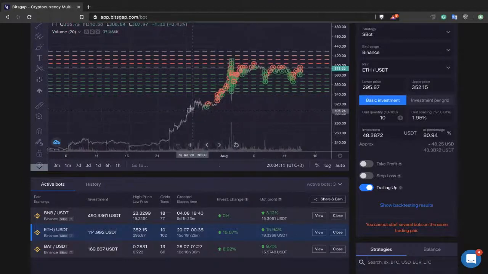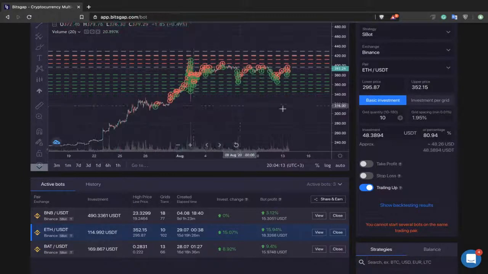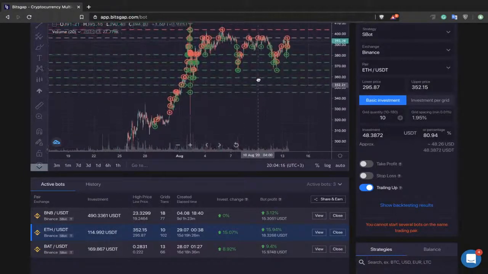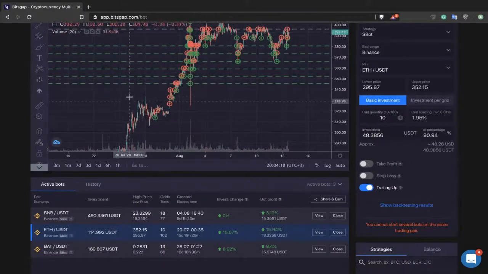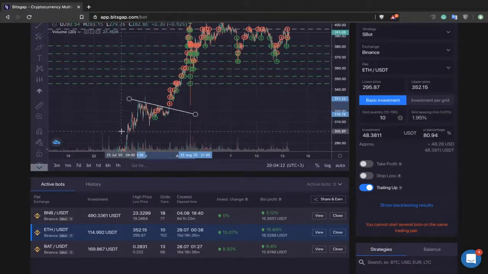configuration. You see, from that point of consolidation, I noticed here that the market was forming a symmetrical triangle pattern. Well, it almost looked like this.